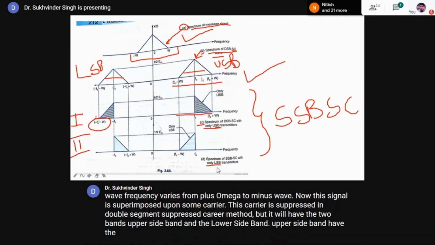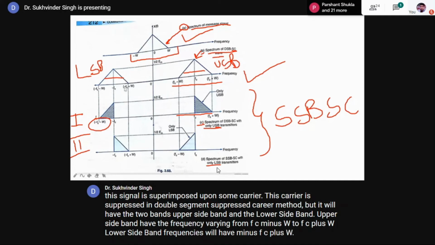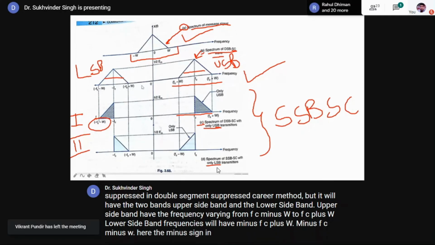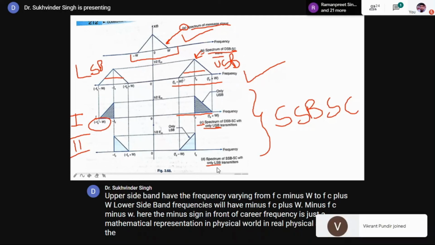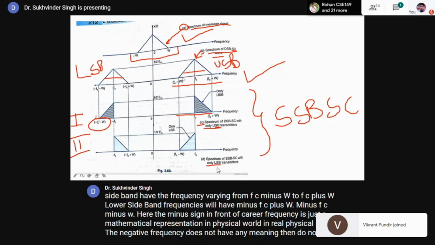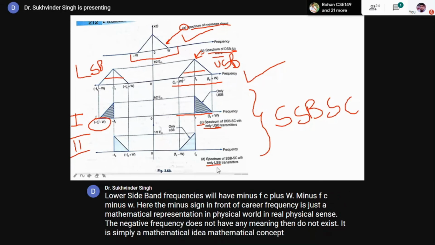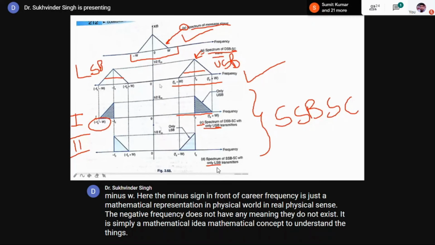The upper sideband has the frequency varying from Fc minus W to Fc plus W. The lower sideband frequencies will be minus Fc plus W to minus Fc minus W. Here the minus sign in front of the carrier frequency is just a mathematical representation. In the real physical sense, negative frequency does not have any meaning and does not exist. It is simply a mathematical concept to understand things.